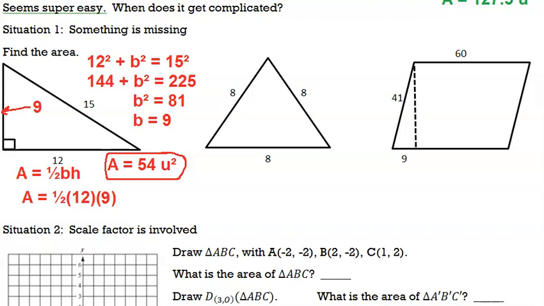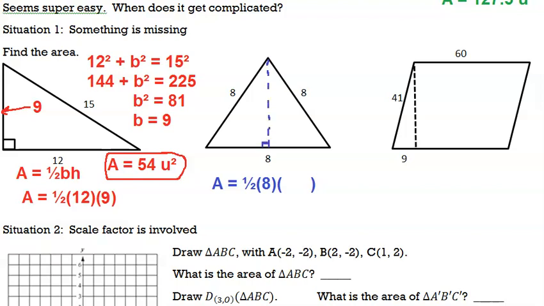Same idea. We've got a triangle, and we're doing area equals 1/2 base times height. The base is 8, but we need to figure out the height. Well, it looks to me like we're going to have to knock this thing in half.